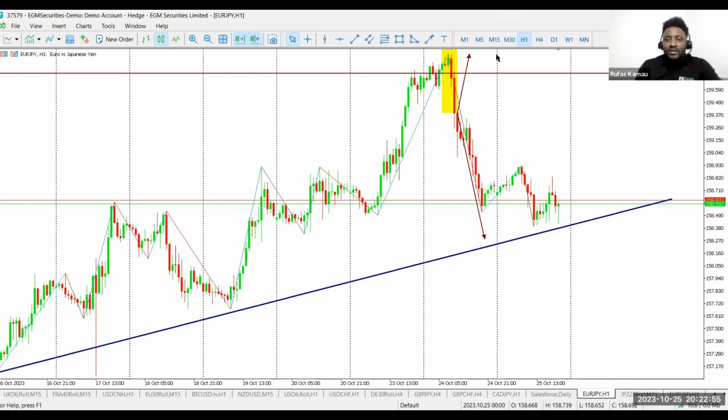What this means is that if you can risk $10, you would make $20. If you can risk $100, you can make $200, and so on. If you risk, let's say, $70, your potential profit would be $140. So you need to determine your minimum risk reward ratio, and this does not depend on anyone else.